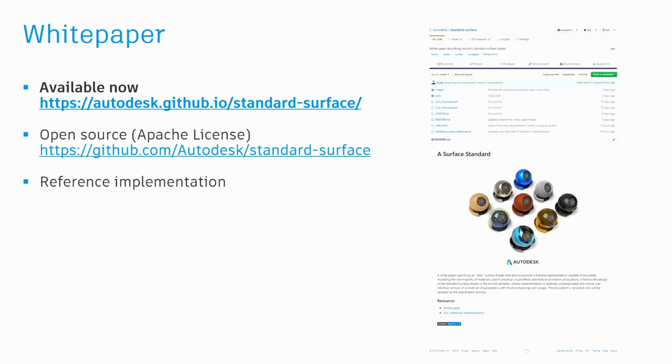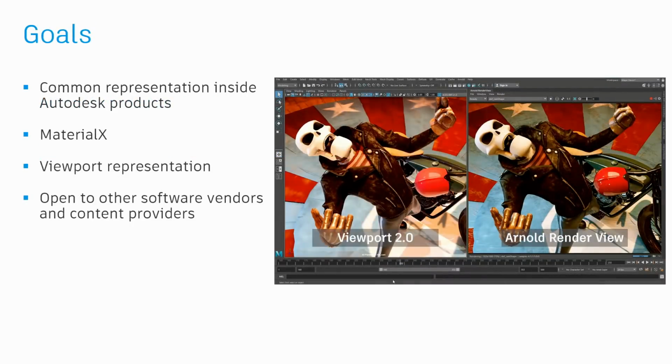So what is our goal in doing that? First, we want to have a common representation of material inside all Autodesk products. The next thing is that when you exchange assets between different facilities, especially regarding surface appearance, it is really, really hard.